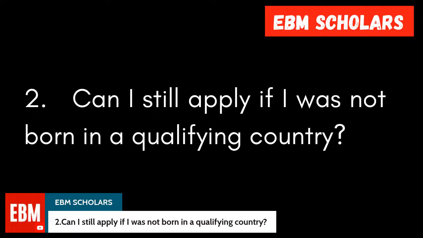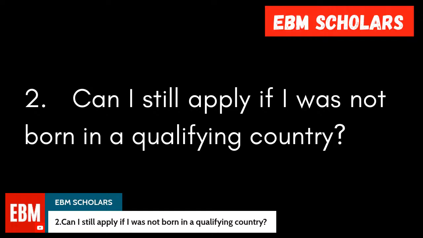Number one circumstance is if you are a derivative, by derivative we mean dependent. If your spouse was born in an eligible country, a country which is allowed to apply, and you, as the other spouse, are from a country which is not eligible, then when you apply, you can put Nigeria as your country of birth.